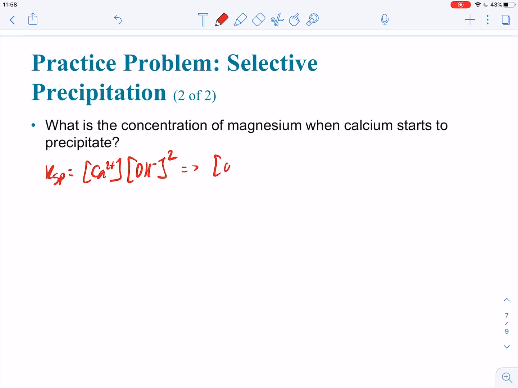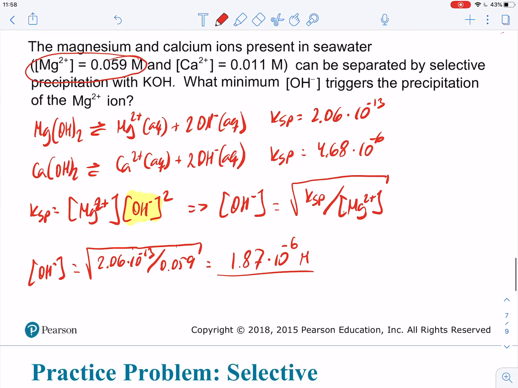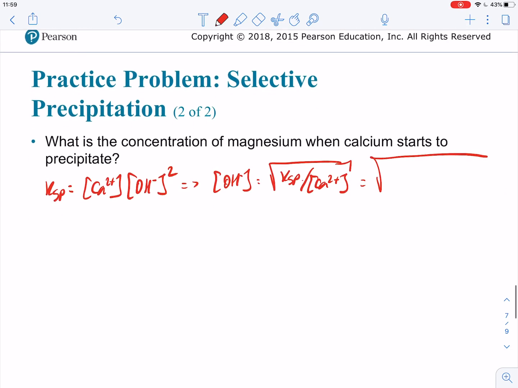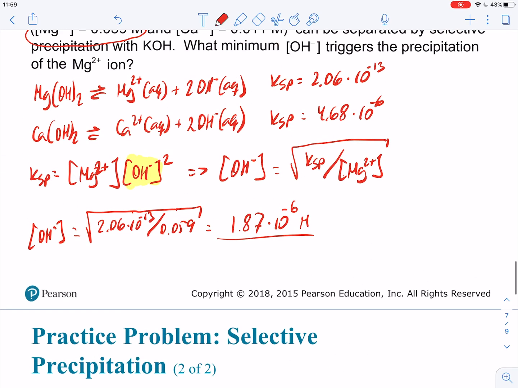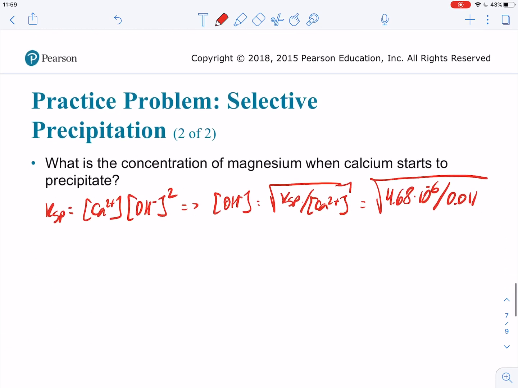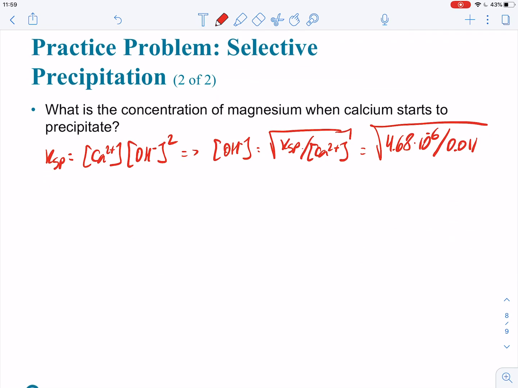Therefore, hydroxide is equal to the square root of KSP divided by the concentration of calcium. This is equal to the square root of 4.68 × 10^-6 divided by 0.011. Is that correct? Yes, 0.011. So the concentration of hydroxide to precipitate calcium is equal to 2.06 × 10^-2.